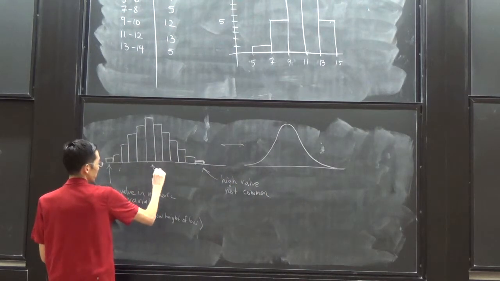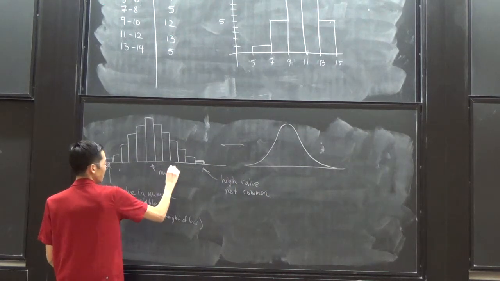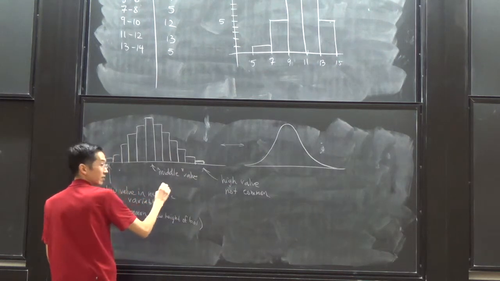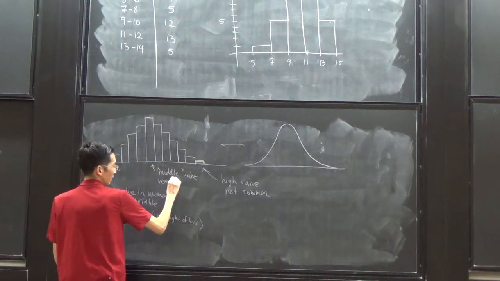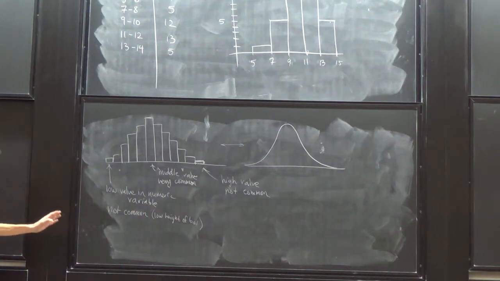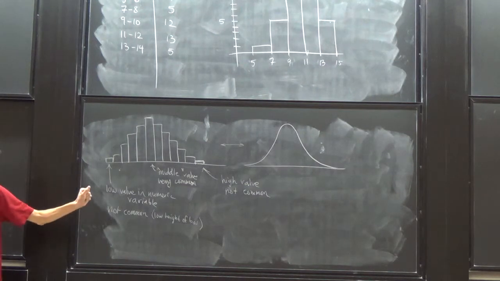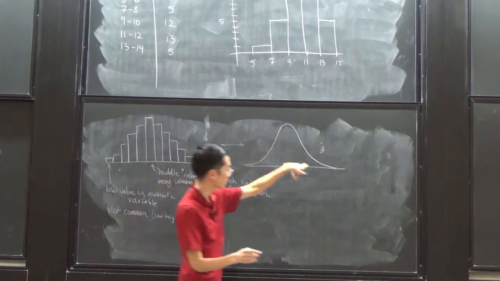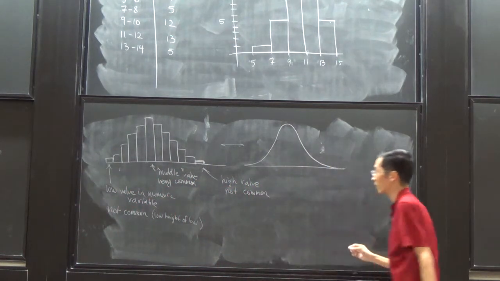This would be quote middle value, very common. Is that good? You understand that? Okay, and so that is represented by this curve right here.